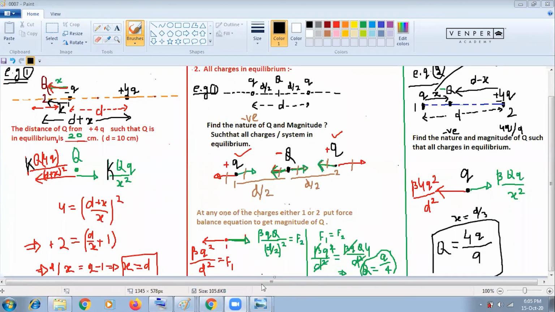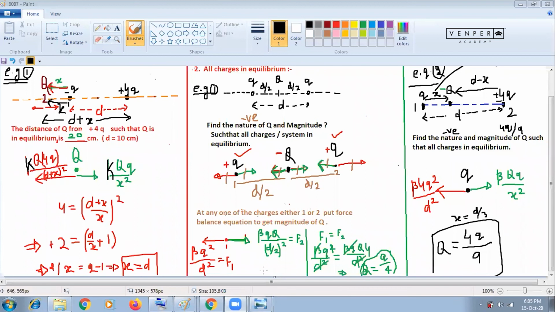Message me, or you can unmute yourself. Okay, very good. So please remember the dipole moment formula, everything, and also these equilibrium problems, and the force formula, field formula. Don't forget force is also inversely proportional to the square of the distance.